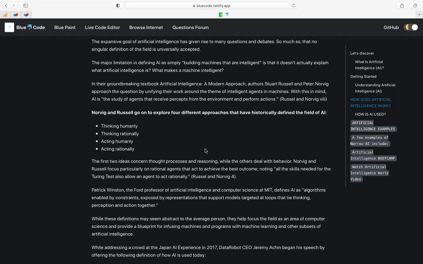Now the next one is thinking rationally. Rationally means here that your machine should be able to think through a problem and produce specified results. For example, there is no way that when you give your trained machine 3 plus 3, it should say 100.